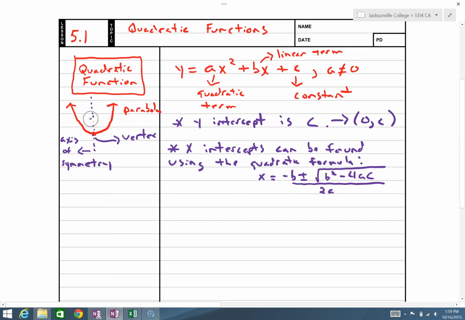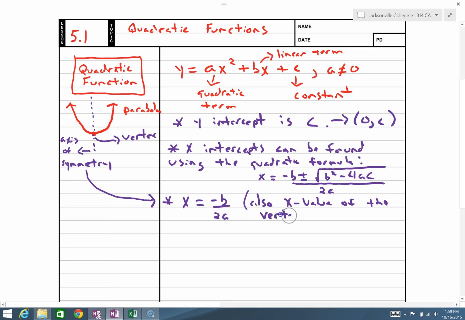This axis of symmetry can be found using the formula x equals negative b divided by 2a. This also gives you the x value of the vertex.